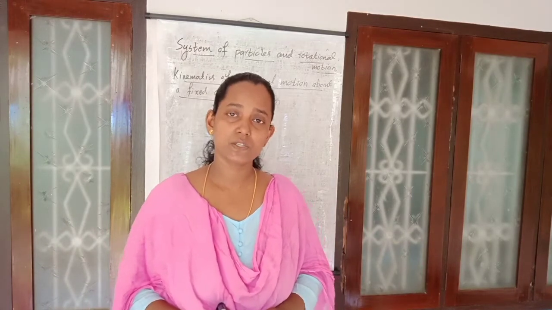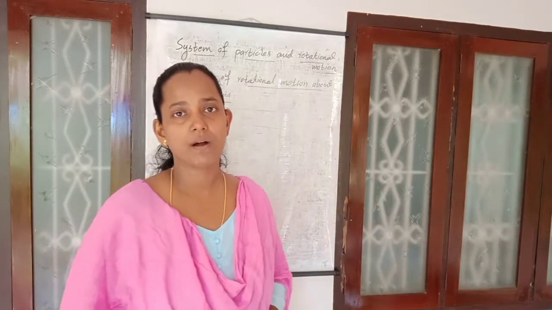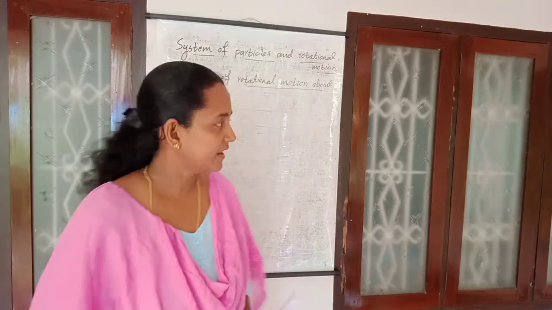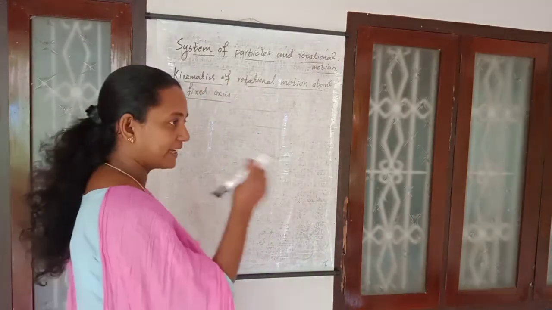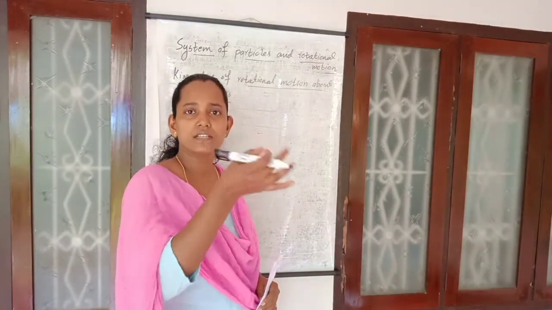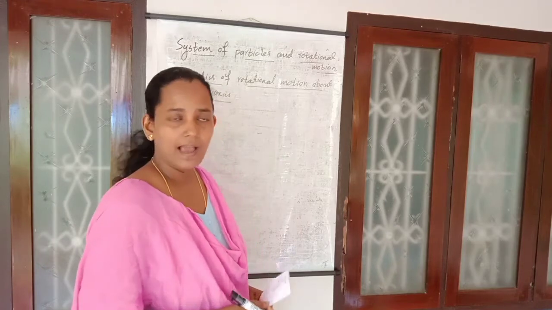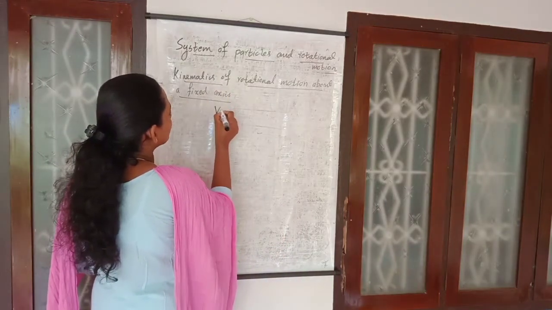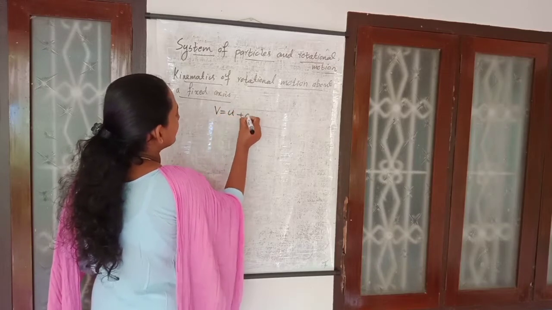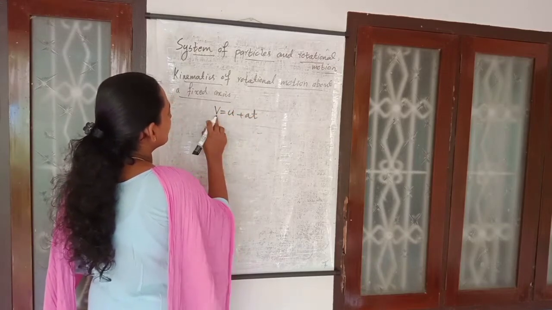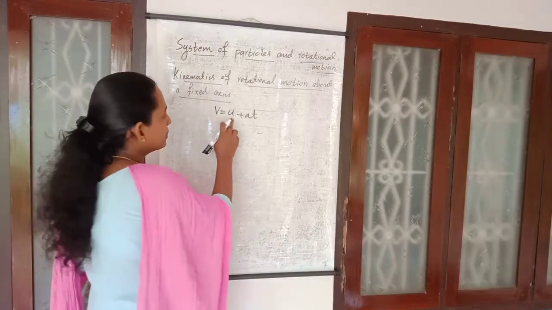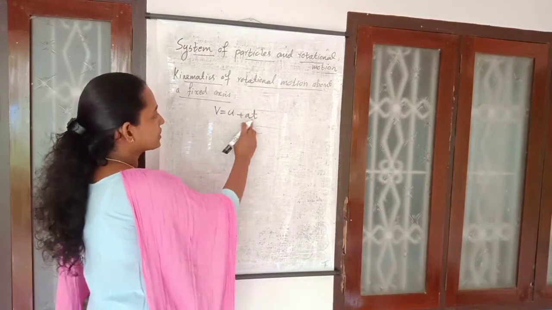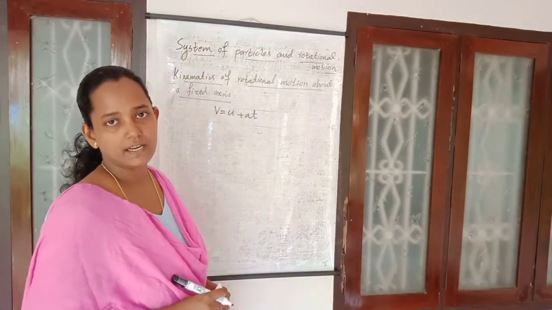There we discussed, as in the case of a single point mass, a point body itself. Whenever we were discussing a point mass, we considered the linear motion of that particle, and in that case we can write the equations of motion as v is equal to u plus at, where v stands for the final velocity, u stands for the initial velocity, a stands for the acceleration, and t stands for the time taken.